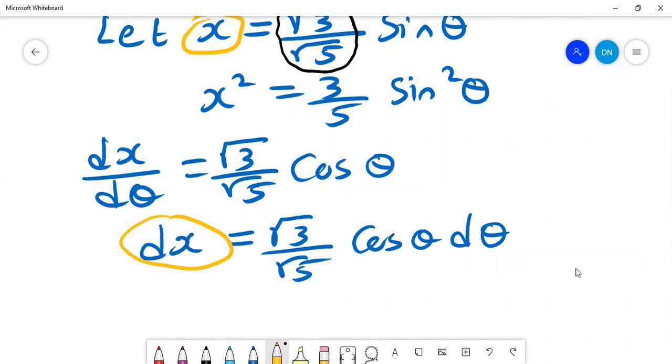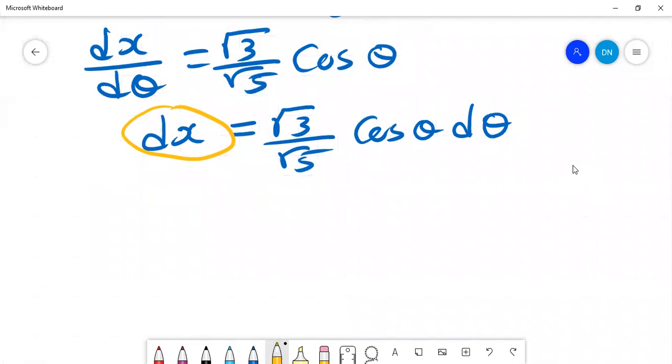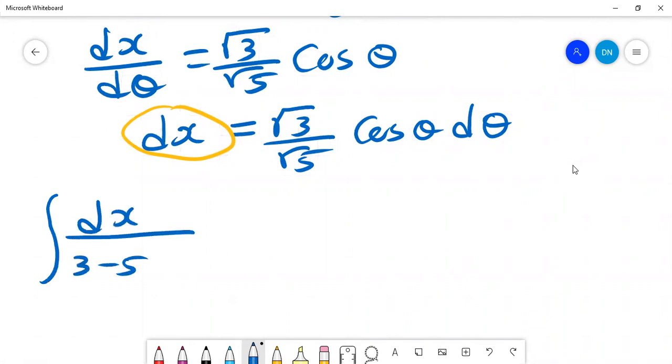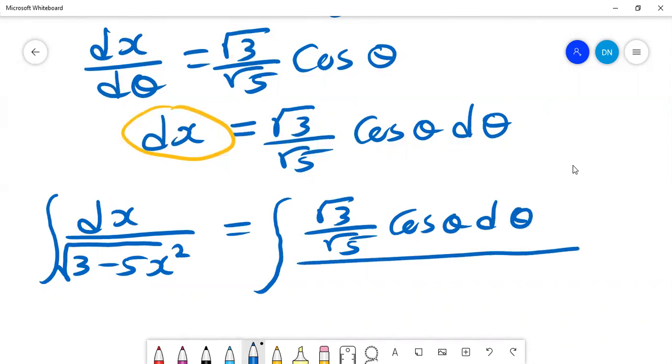So let's get back to our original equation and see what that means when we are doing the integral. Our integral is dx over the square root of 3 minus 5x squared. Let's put them back. I'll start with dx. It's root 3 over root 5 cos theta d theta. Now let's come down here.